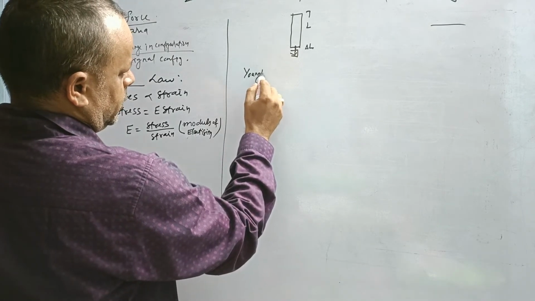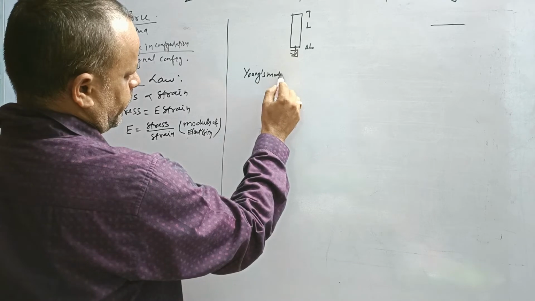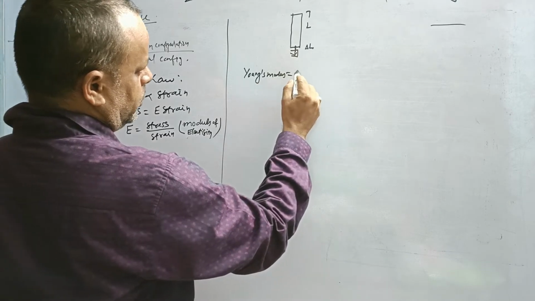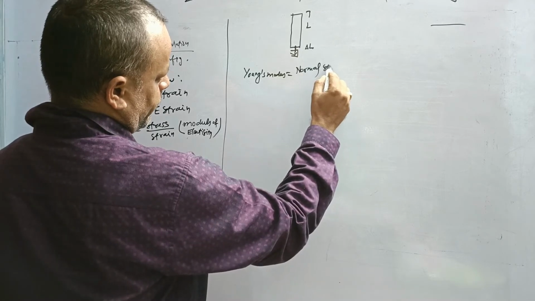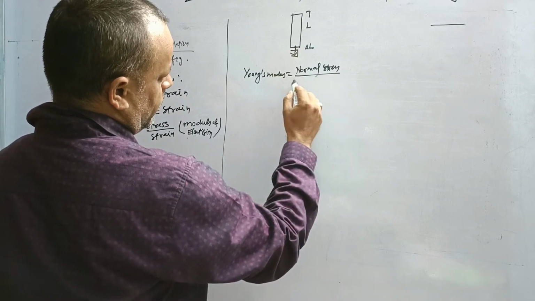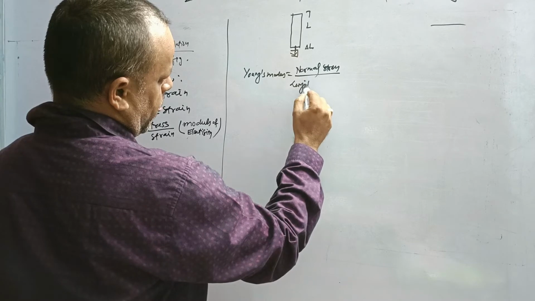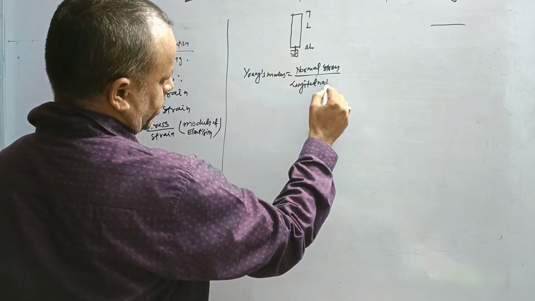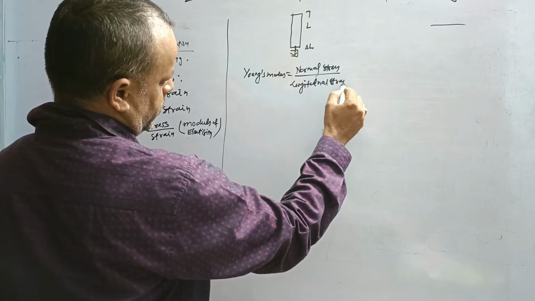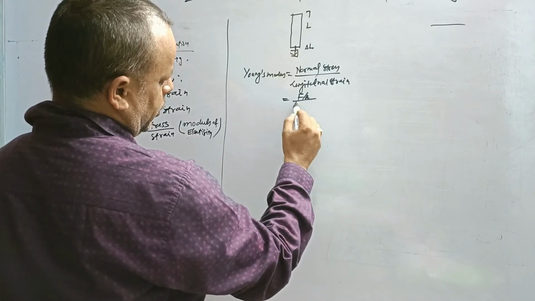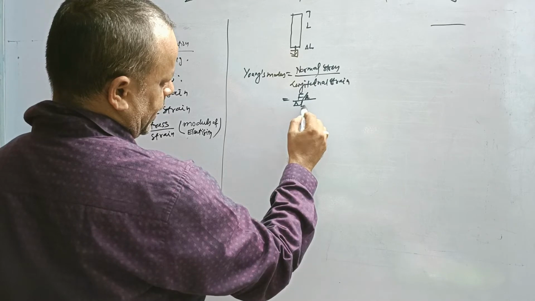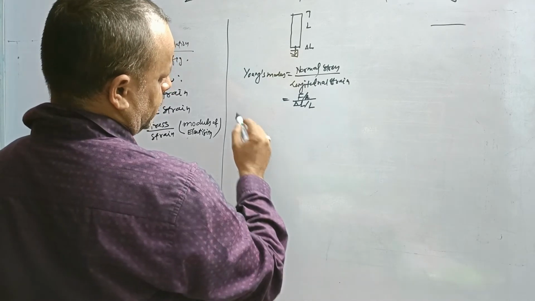Young's modulus is equal to normal stress upon longitudinal strain. Normal stress is force upon area. Longitudinal strain is delta L upon L.